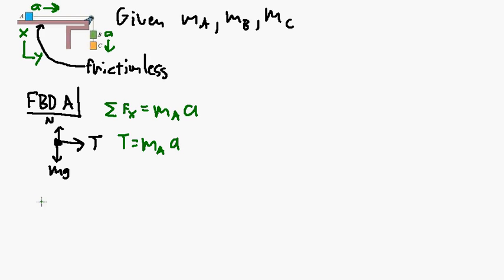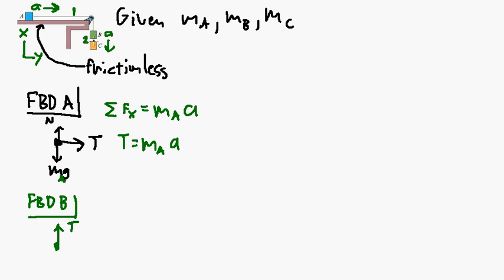Okay, FBD for block B. For block B, you've got the tension. We're going to call this cable 1, and cable 2 is the one in between.